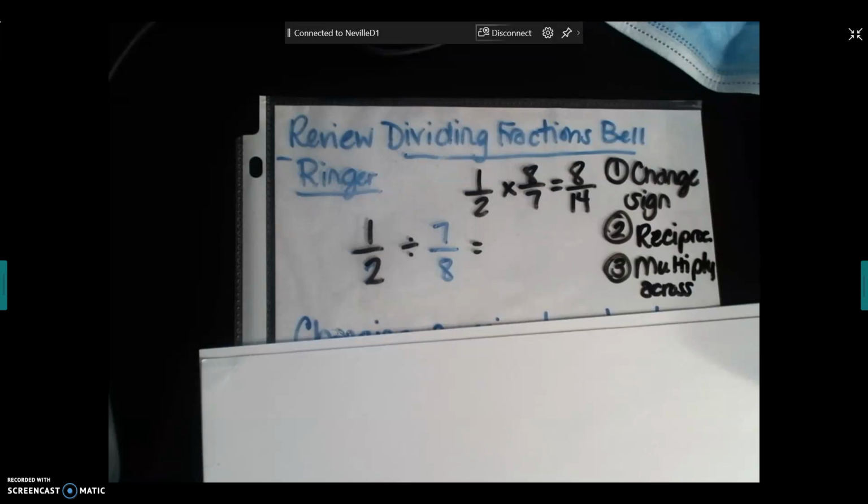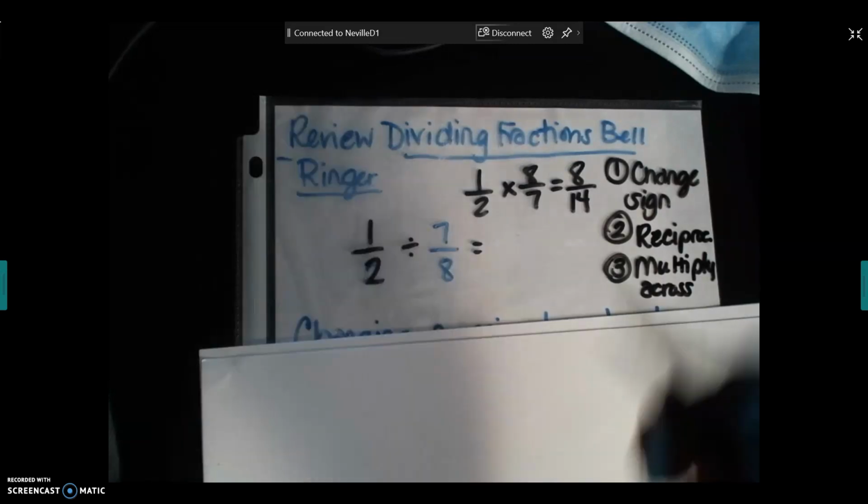So how would I simplify 8/14? Would I use GCF or LCM? GCF. Very good. So the GCF of what two numbers? Madeline? Say it again. Okay, 2 is the GCF between what two numbers? 8 and 14.